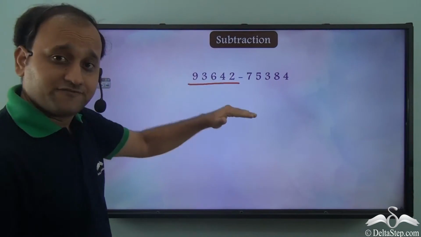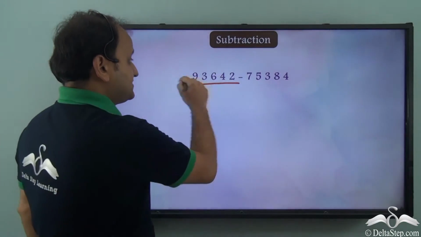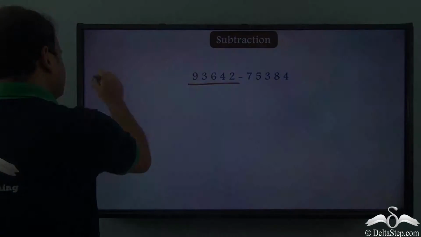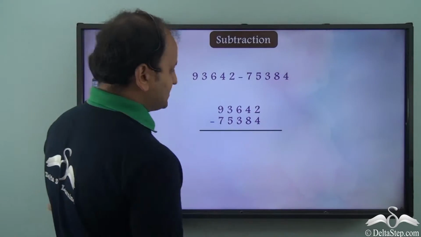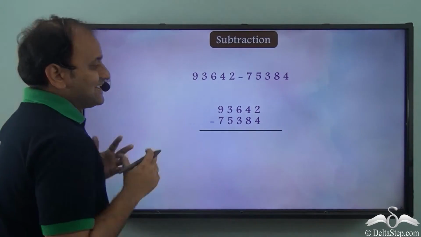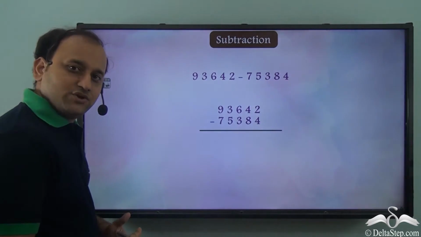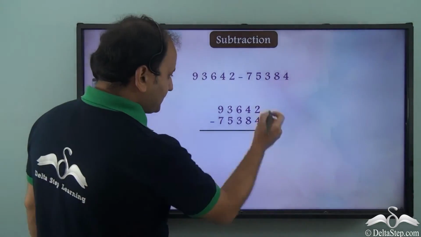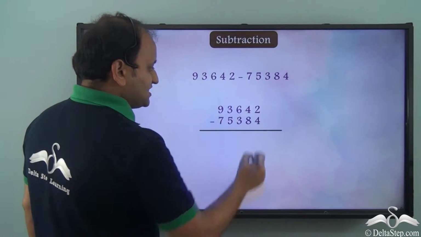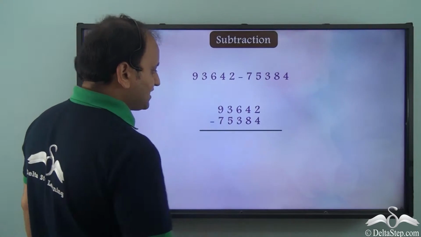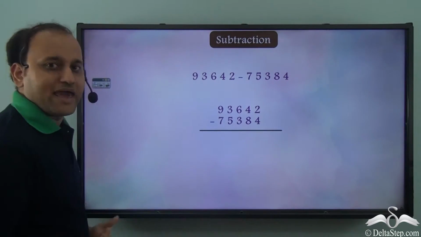So this will be written first and below 93642 we will write 75384. So this is how we'll place the numbers. Now you will notice that digit in the units place is below digit in the units place. Similarly, digit in the tens place is below digit in the tens place. So both the numbers are arranged in this manner.